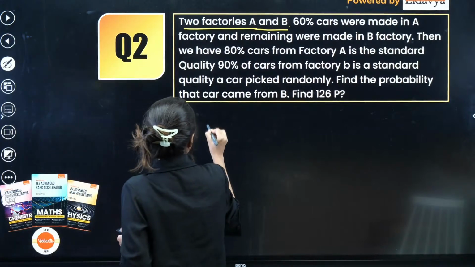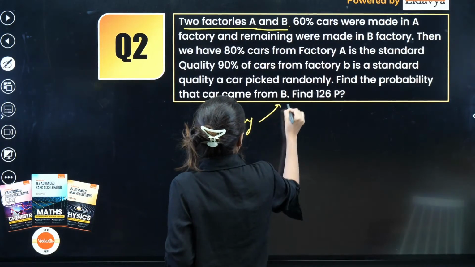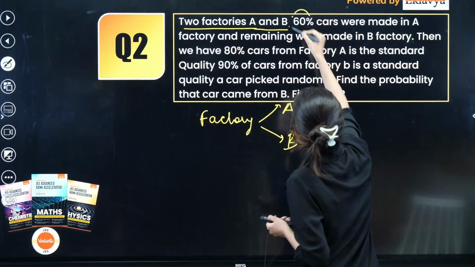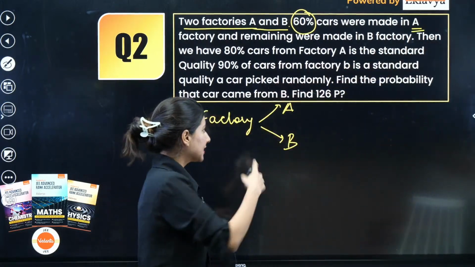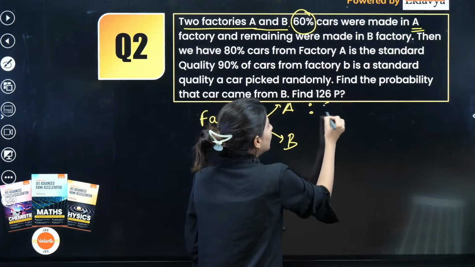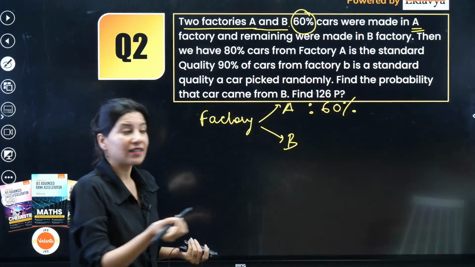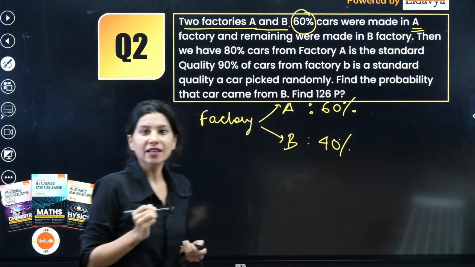So this is factory A and B. Now the question is saying 60% of the cars were made in factory A, and the remaining were made in factory B. So that means 40% of the cars are made in factory B.